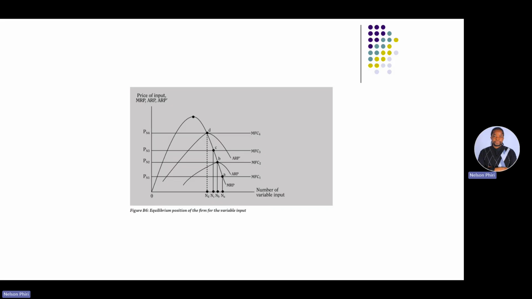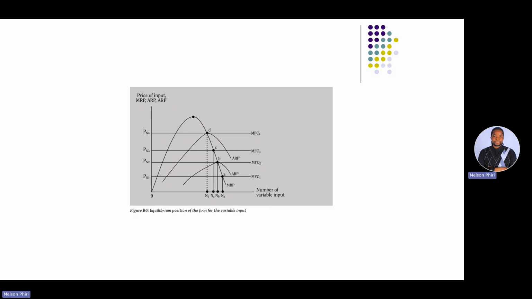Then if you go on to PN3, at PN3 the firm is now making economic losses. Because the revenue is given by your ARP times NC, while your costs are given by PN3 times NC plus fixed costs.